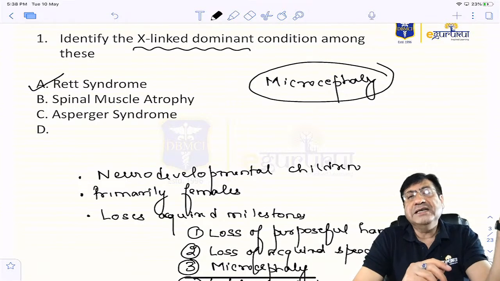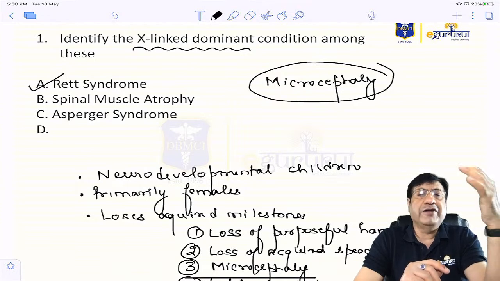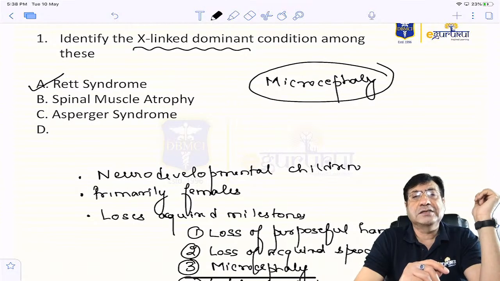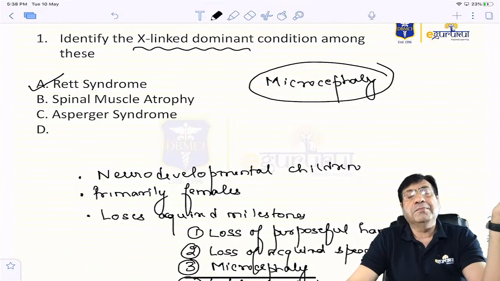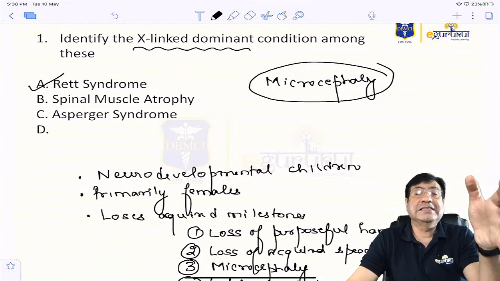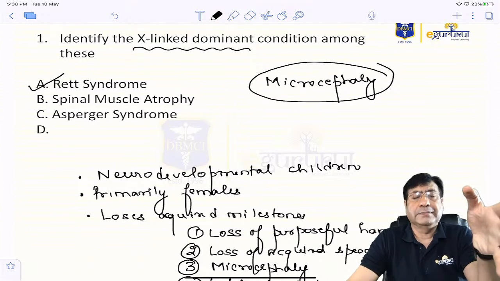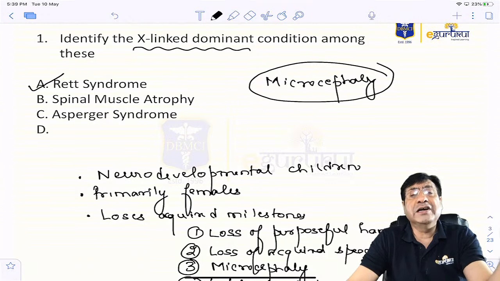In my app presentation, I have discussed that spinal muscle atrophies may be of 4 types, including type 0, which is a very severe type, often associated with intrauterine deaths, also called spinal muscle atrophy congenita. Then you often have a type where the child presents with severe muscle weakness in the first 6 months of life, that is spinal muscle atrophy type 1, also called Werdnig-Hoffmann disease.